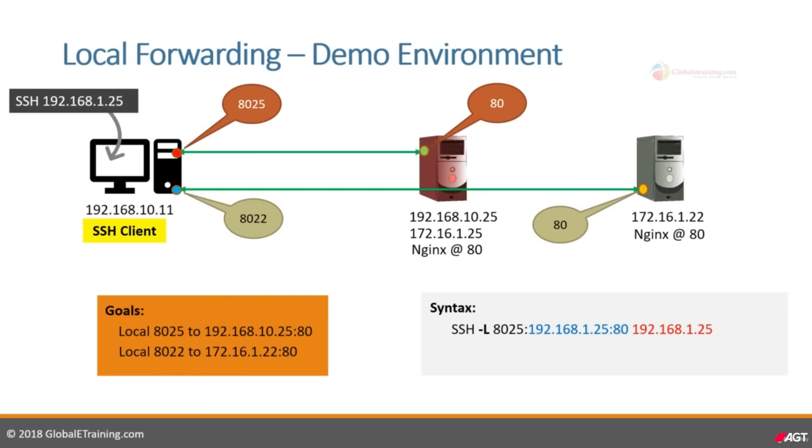And we'll also map a local port, in this case, for example, 8022, to port 80 on 172.16.1.22, which is on the NAT network.